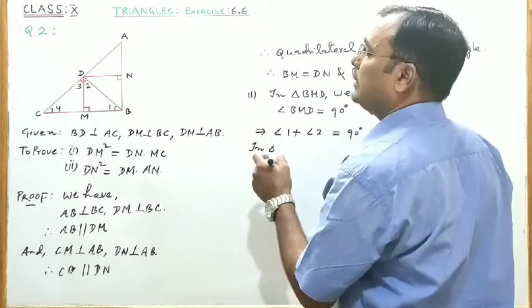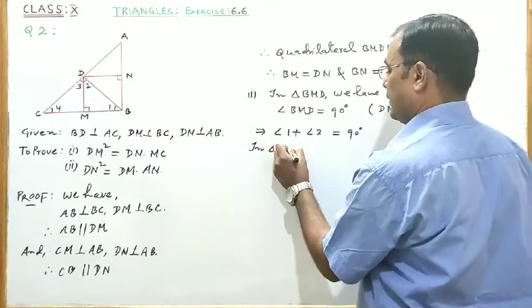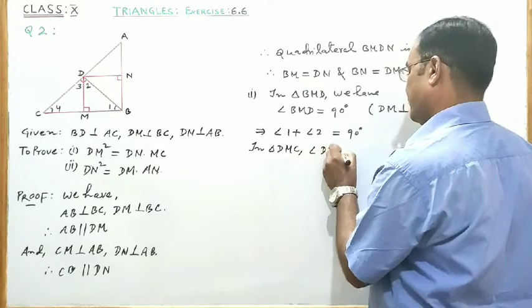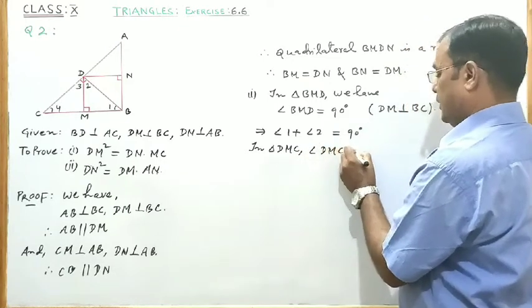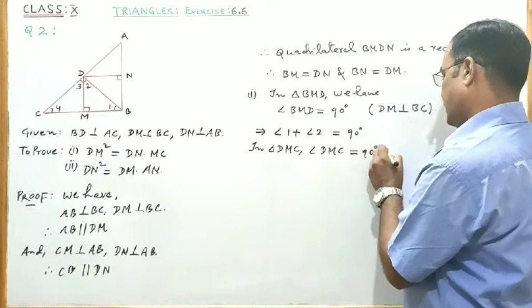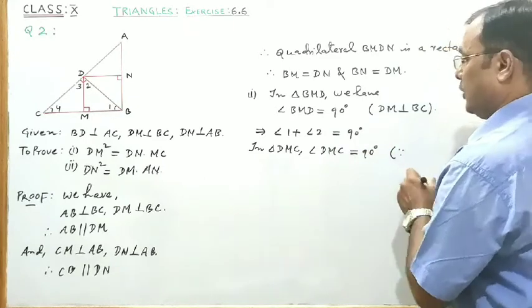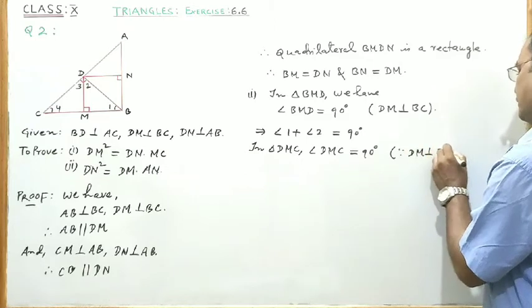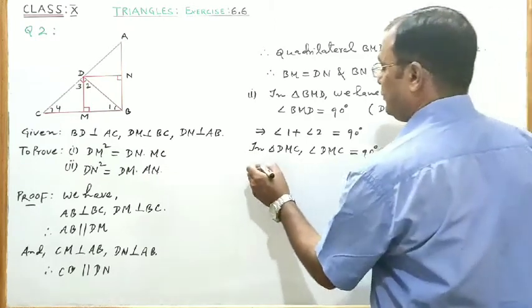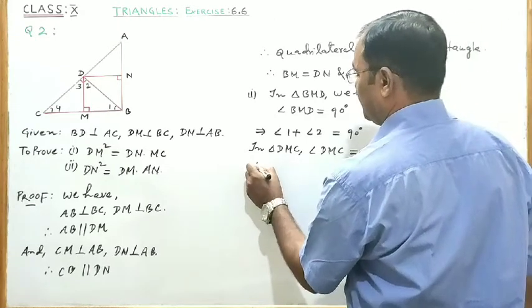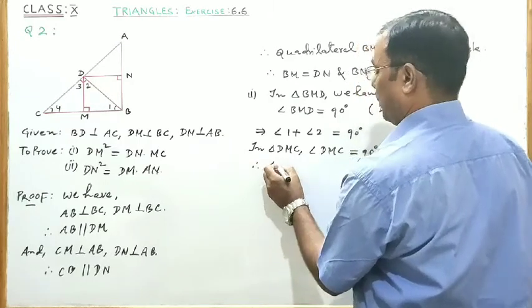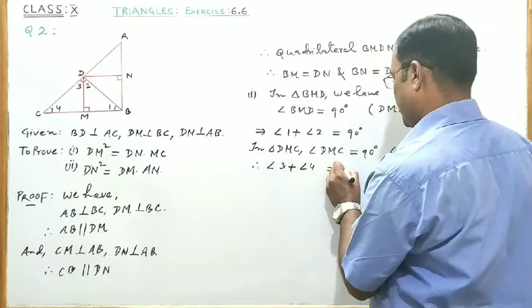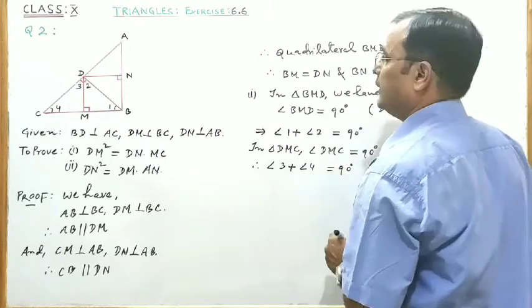In triangle DMC, angle DMC equal to 90 degree because DM is perpendicular to BC. Therefore, angle 3 plus angle 4 is equal to 90 degree.